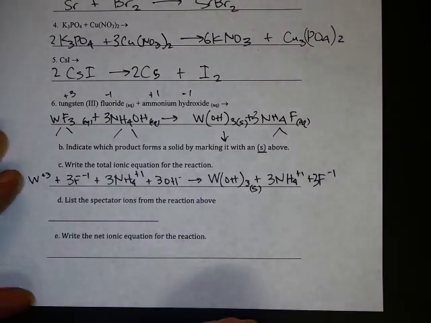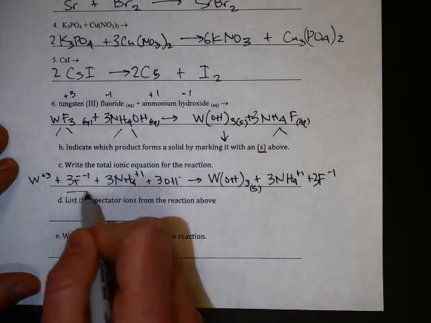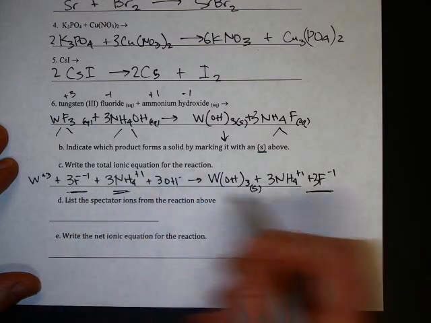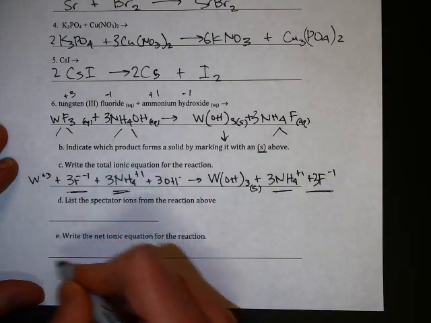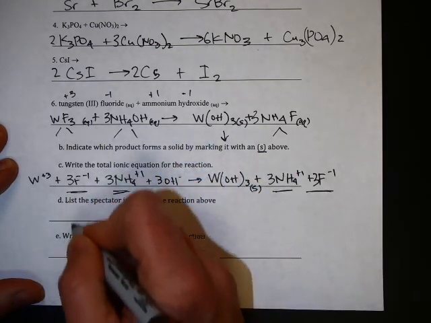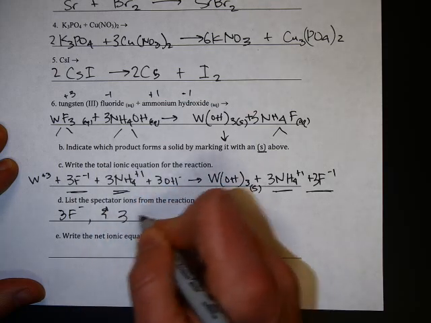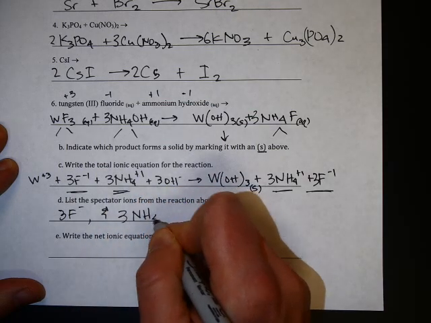The spectator ions are the ones that repeat on both sides. That would be the 3 fluorine and the 3 ammonium on both sides. You could write the 3 if you want to. You don't need to, but we have 3 fluorine and 3 ammonium.